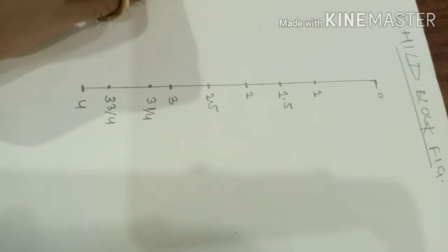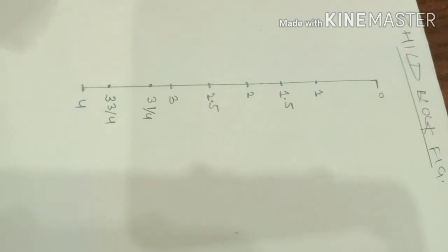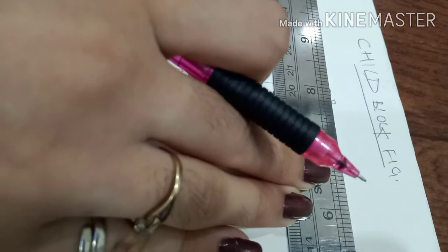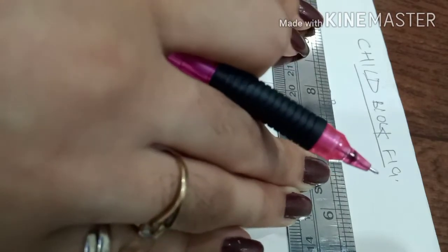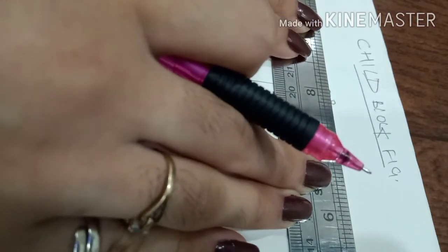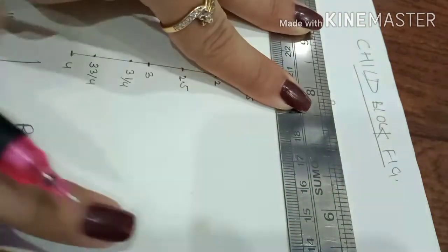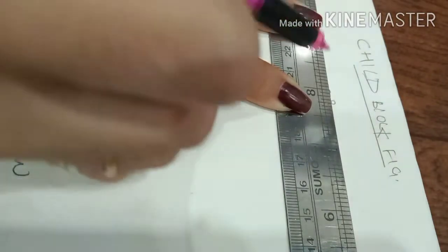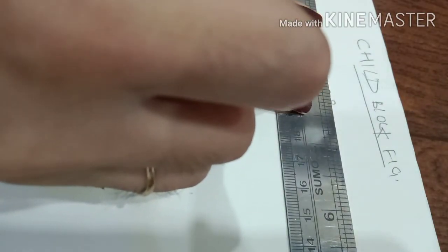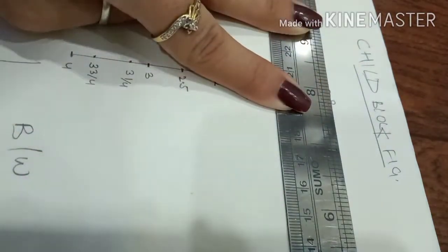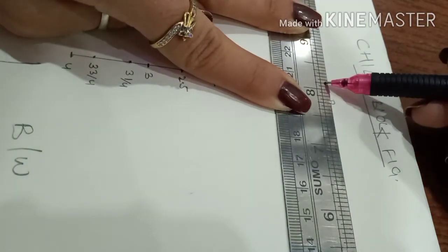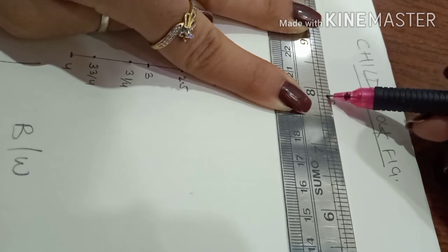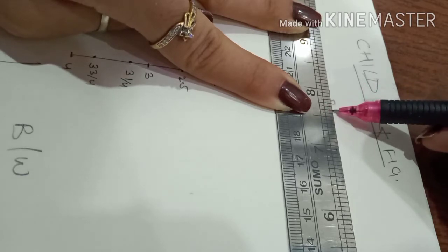First of all, we will draw the head. The measurement is 3 by 4. The lines are 13, which means we have to divide 6 on one side and 6 on another side, and 1 in center. 1, 2, 3, 4, 5, 6. One, two, three, 4, 5, 6.